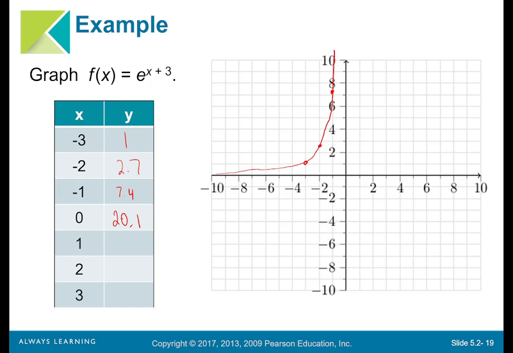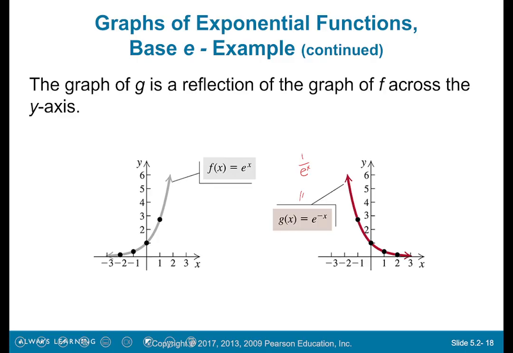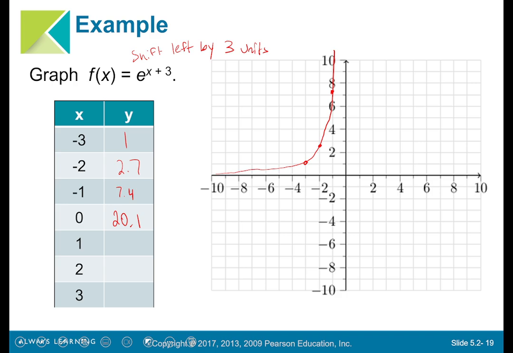Also notice e to the x plus 3, well, that's a shift left by 3 units coming from e to the x. So we look at e to the x and we shift it left 3 units, we're looking at this type of function. So starting from what we know about e to the x makes it really helpful because we know what e to the x looks like. And this graph is simply e to the x shifted left 3 units.